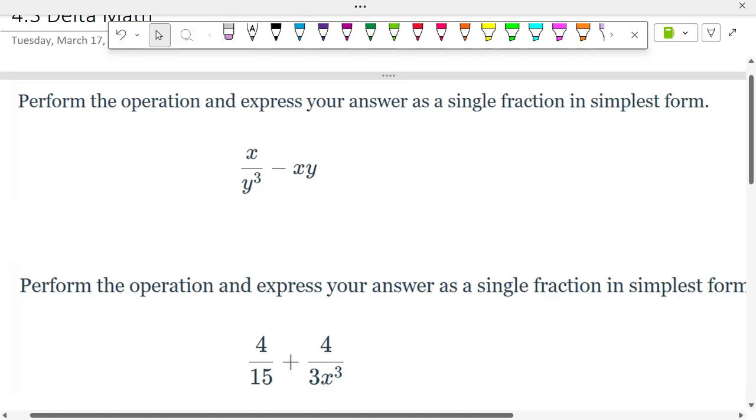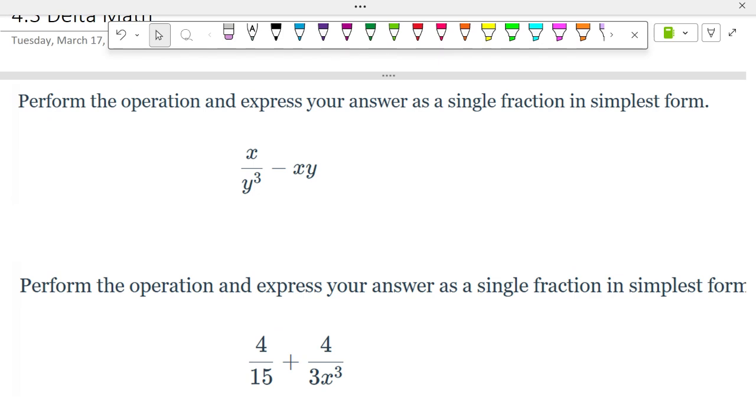So we're going to do a couple more problems together. If you need paper, it's on the shelf. All right, go ahead and write down that first problem.